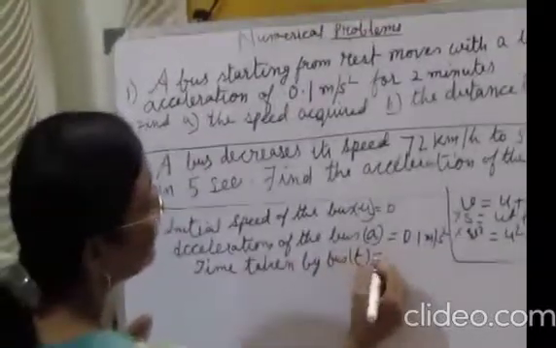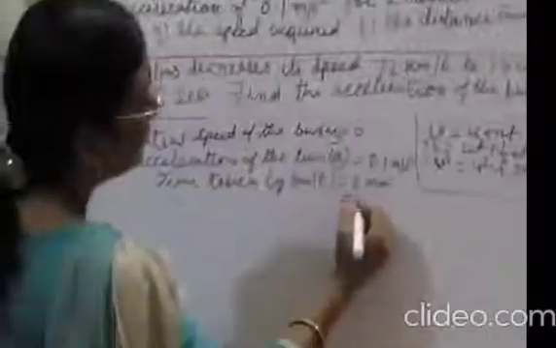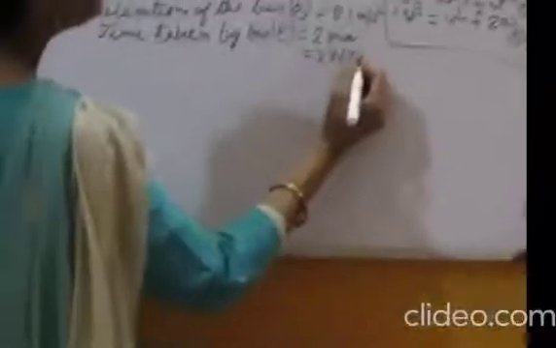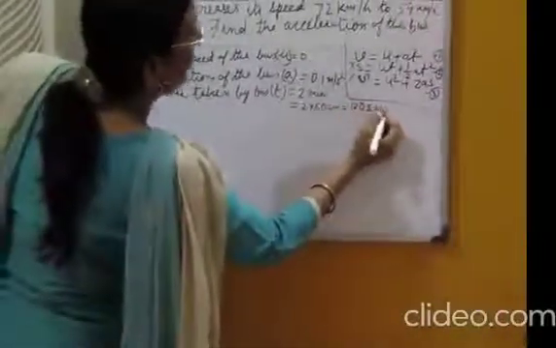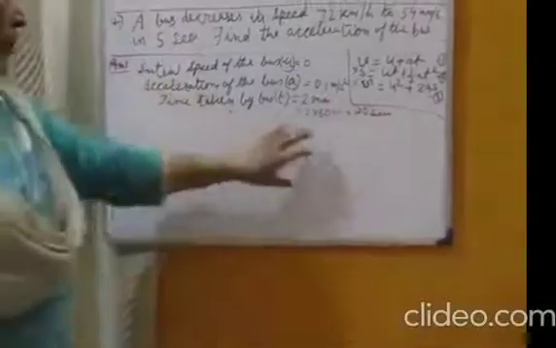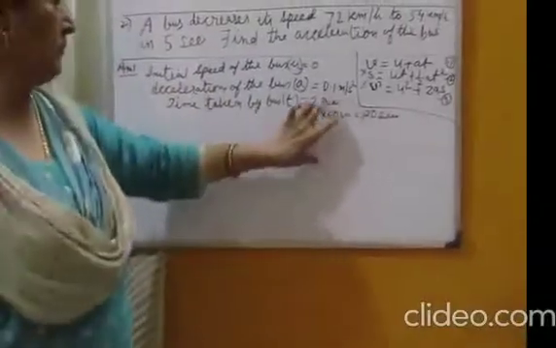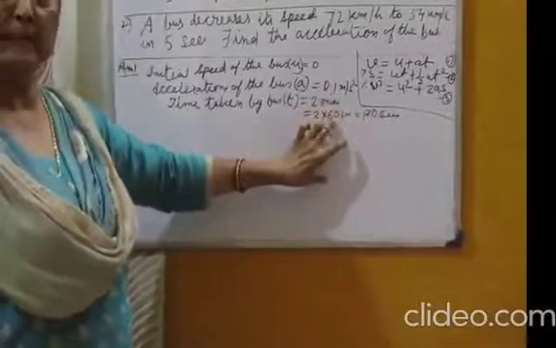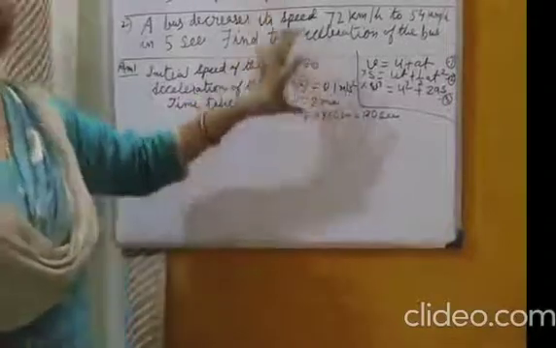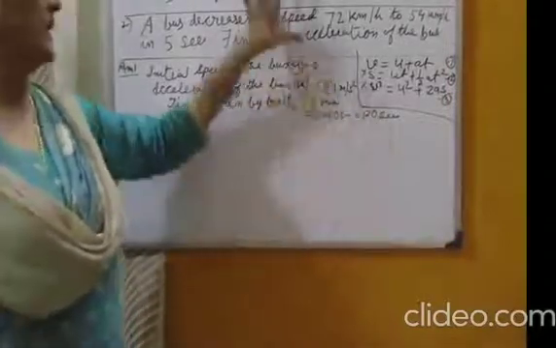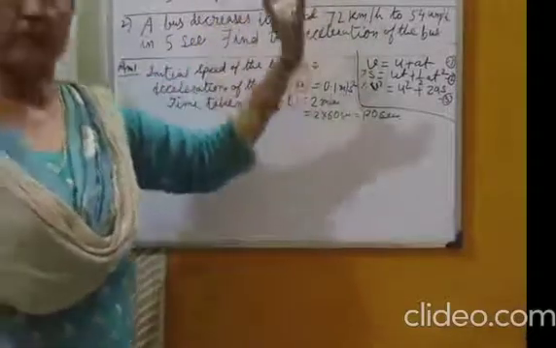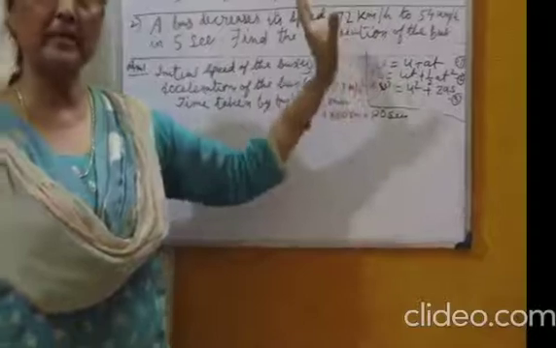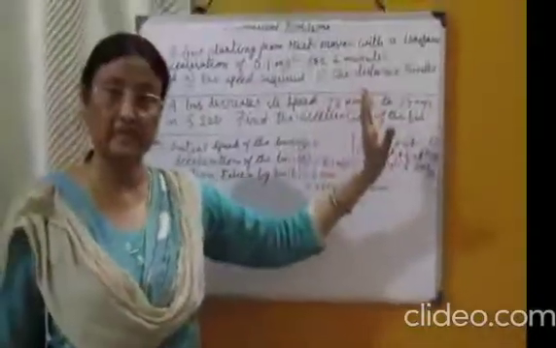t equals 2 minutes, or 2 into 60 seconds, equals 120 seconds. Clear? Why have I changed minutes into seconds? Because whenever you solve numerical problems, you have to change kilometer per hour into meter per second.